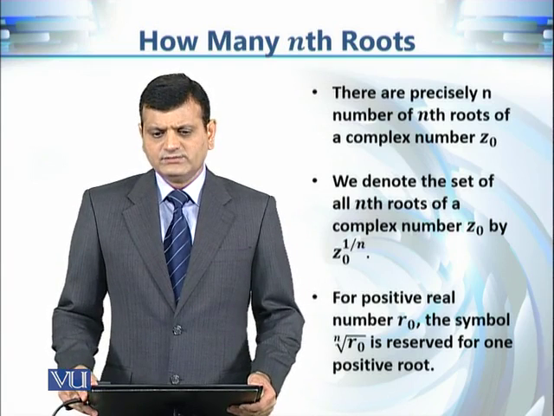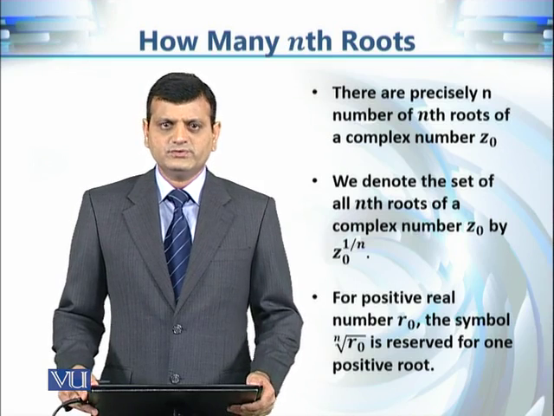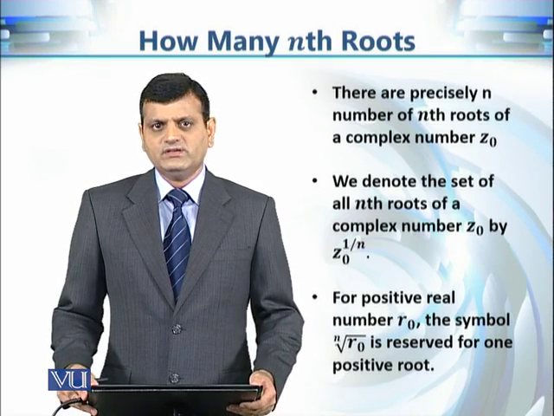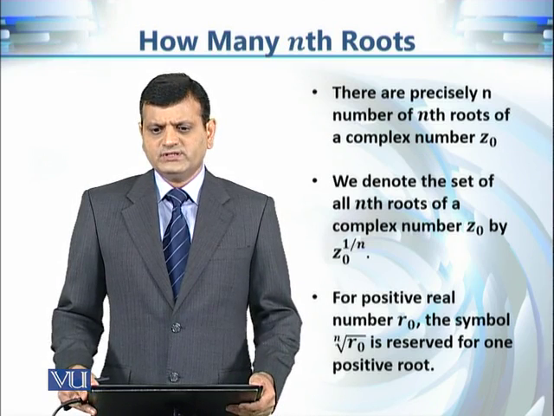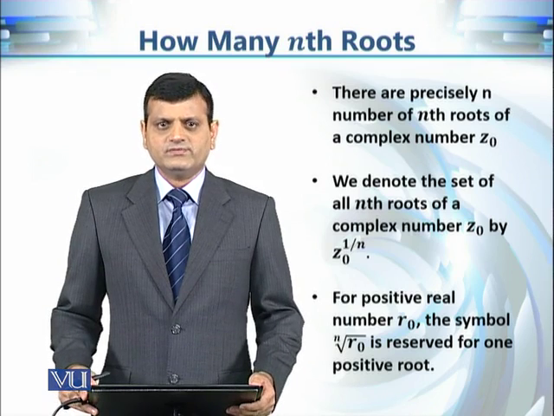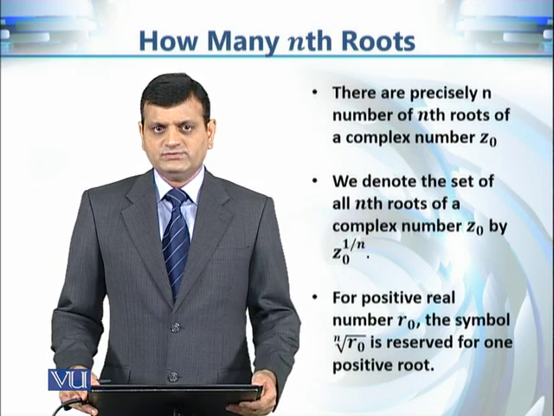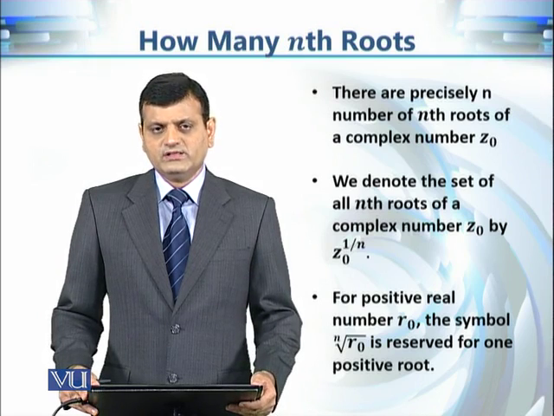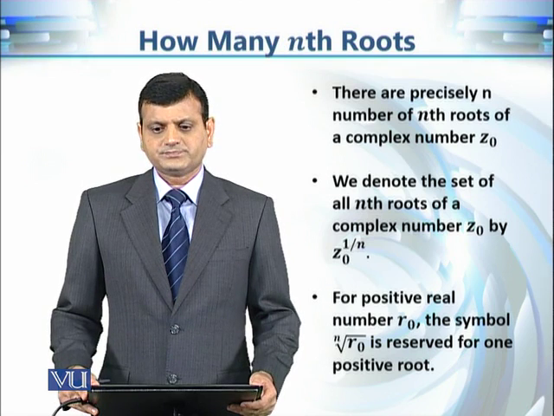And in school, we used to calculate the square roots and the cube roots and tenth roots of any given real numbers. And there we were not bothered about whether the answer is unique or there are many answers to this question. Now we know that if I want to calculate the 10th root of a given real number r naught, then there will be exactly 10 answers.